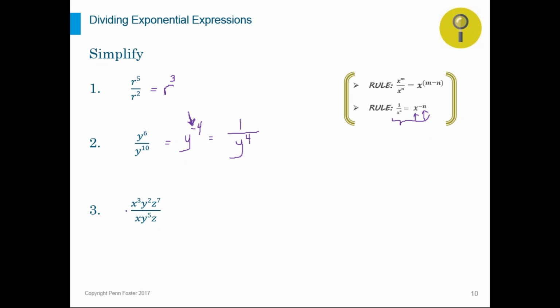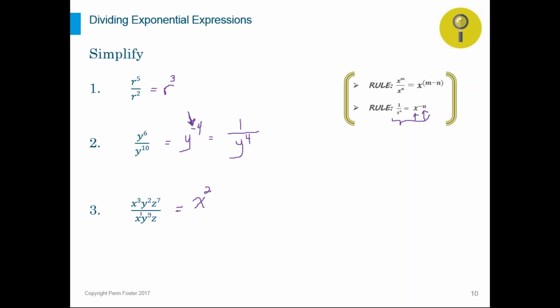Okay, let's do a more complicated one. x to the 3rd power y squared z to the 7th power over x y to the 5th z equals. I'm going to follow the same rules. Although the question may look scary and overwhelming, I'm just going to focus on my rule. The rule says subtract the powers of the same variables. So x to the 3rd, 3 minus 1 is 2, so x to the 2nd.